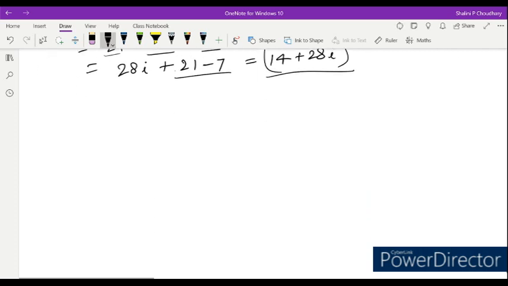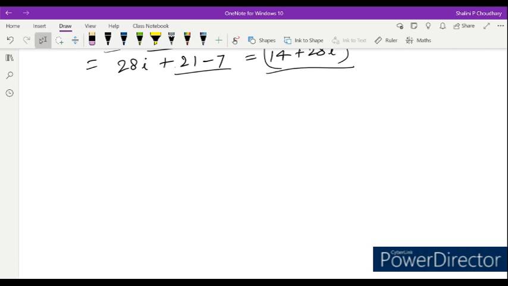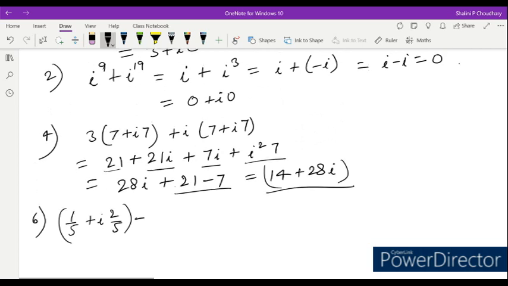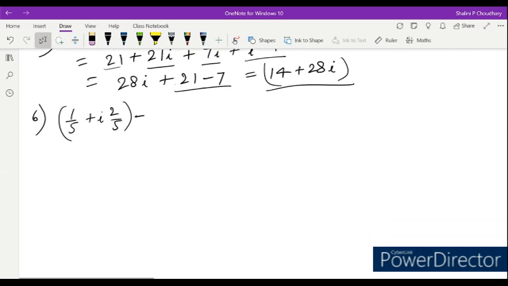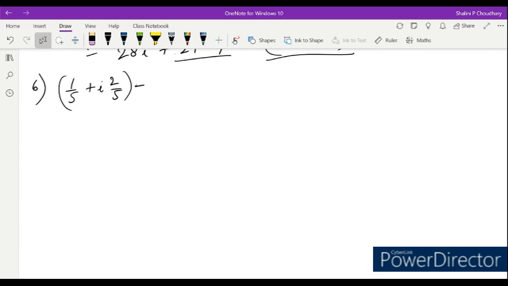Now we'll do the sixth question. Whatever we have done in the fourth, the fifth question is similar, so you can do that. Now we are doing the sixth question, that is 1 upon 5 plus i 2 upon 5 minus 4 plus i 5 upon 2. We have to convert this in the form of a plus ib.